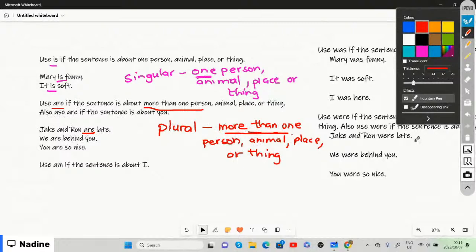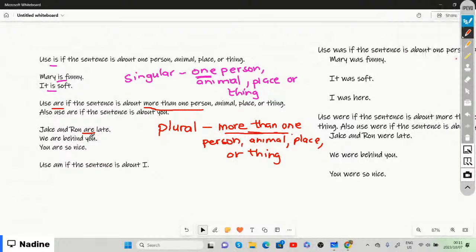If you use is for more than one person, thing, animal or place, that is incorrect. Because for two or more people, animals, places, or things, we use are.